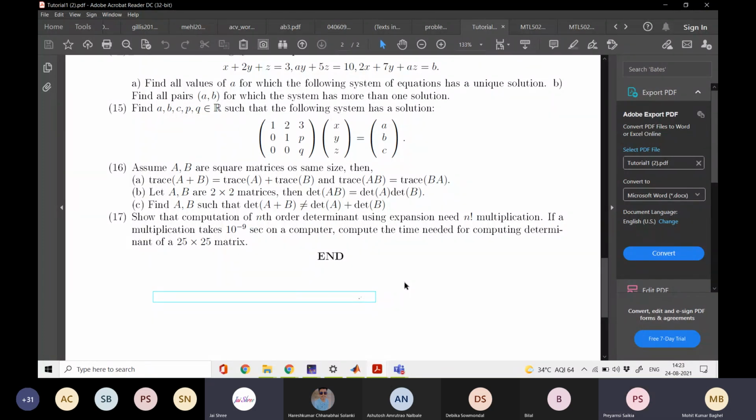I took P as our proposition, then I found P1 and P2, and then I assumed that it's true for P equal to n. That means for any nth order matrix, we can find the determinant and it will have n factorial multiplications.